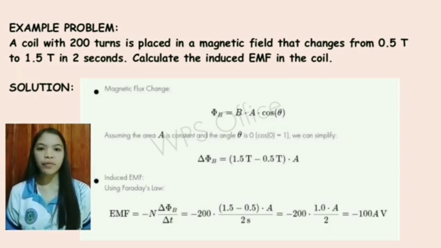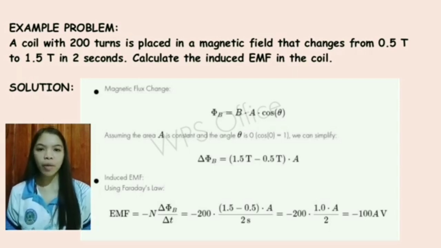The change in magnetic flux is determined by subtracting the initial magnetic flux from the final magnetic flux as the field strength increases. Faraday's law of electromagnetic induction states that a change in magnetic flux induces an EMF, which can be calculated using this formula, where N is the number of turns and Δt is the time interval, and ΔΦ represents the change in magnetic flux.